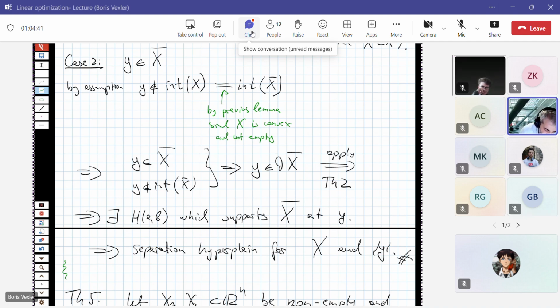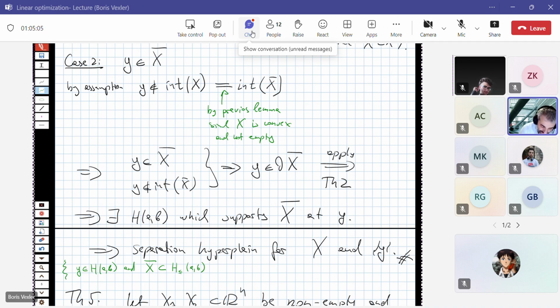Okay, what do we know? We know that H_AB supports X bar at Y. What does it mean? It means that Y is an element of this hyperplane, and X bar is on one side of this hyperplane. It means in H, let's say, less or equal to b. Okay.